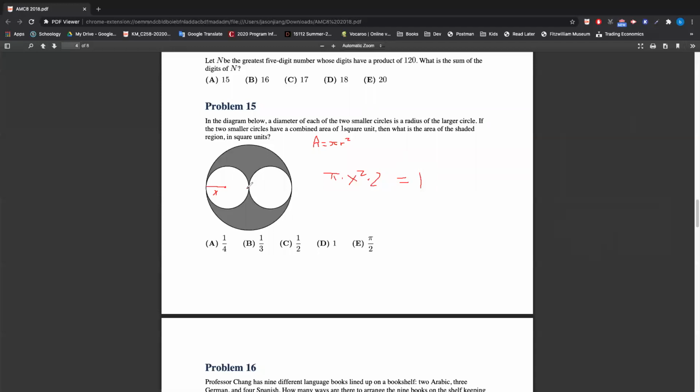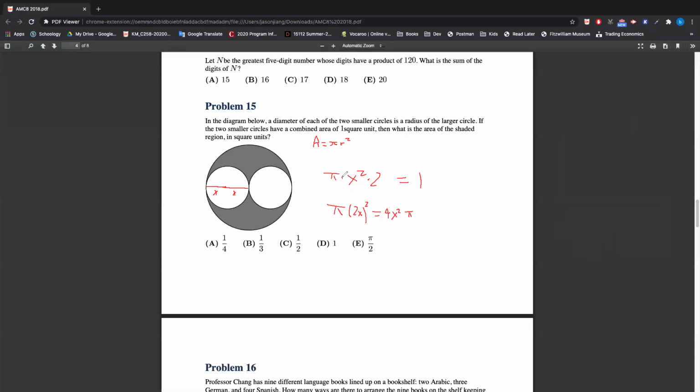Now let's look at the large circle. Each of these is x, so it has a radius of 2x. Using the same formula again, we get pi times 2x squared, which is also equal to 4x squared pi.